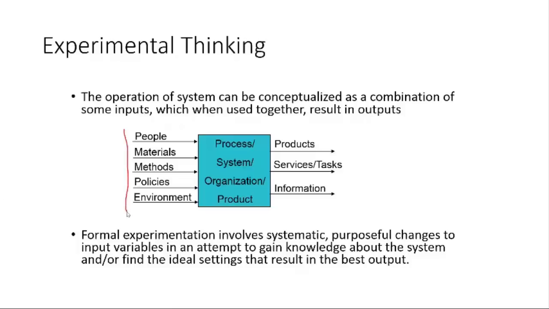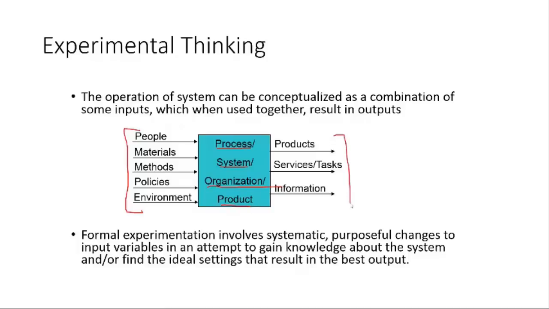So the inputs themselves can be anything, they can be really broad. The only important thing is you want to be able to quantify them in some way. The black box that you're experimenting on can be anything. It can be a process, it can be a system, it can be an organization which is performing certain organizational functions, it can be an actual product.